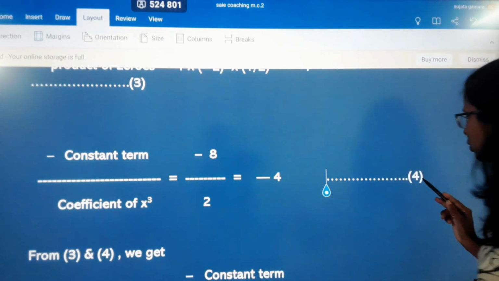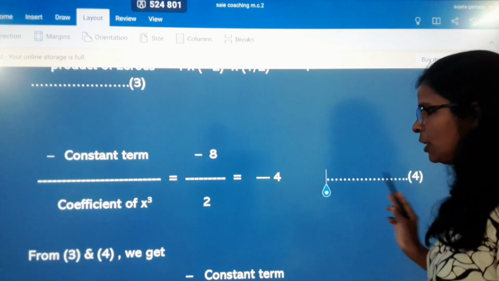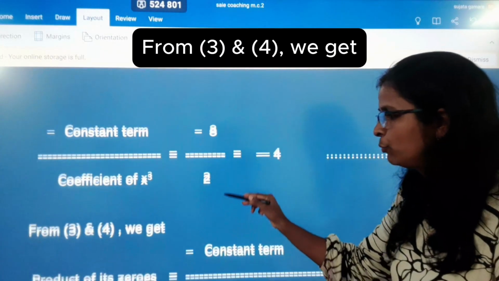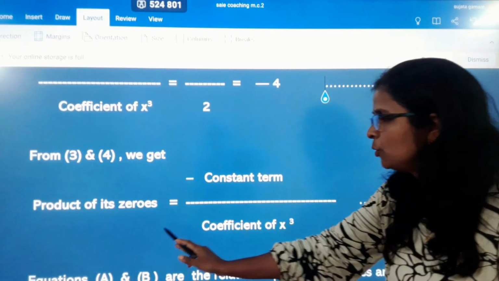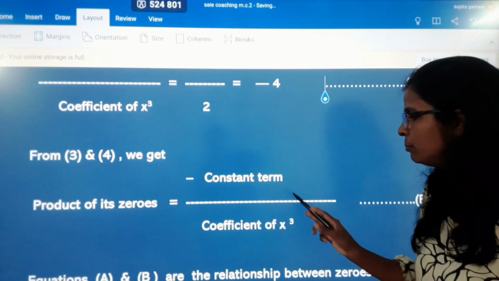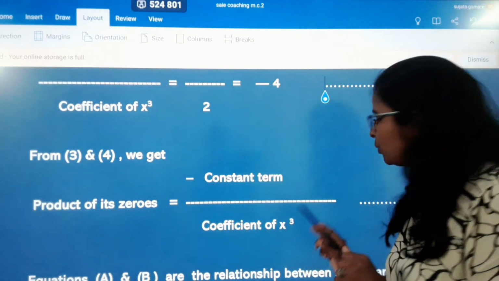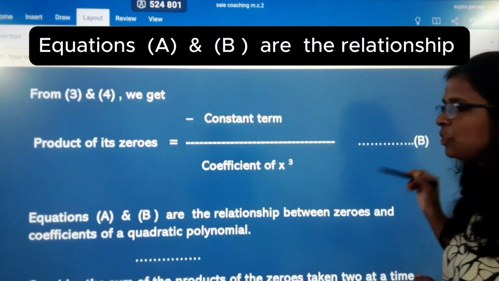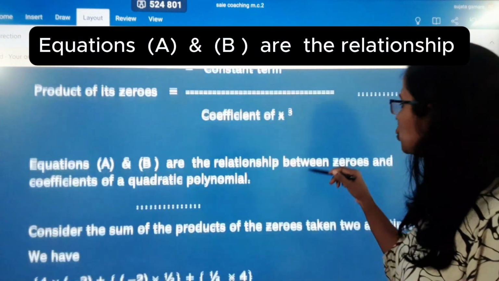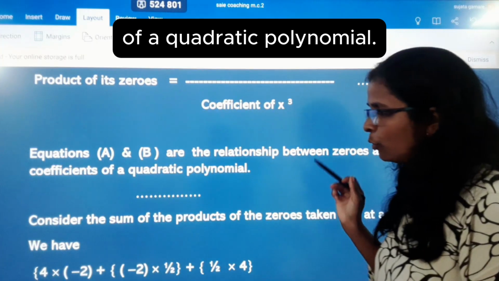Call it the fourth equation. Now from 3 and 4, we get that the product of its zeros is equal to minus constant term upon coefficient of x cube. Call it B. So equations A and B are the relationship between zeros and coefficients of a polynomial.